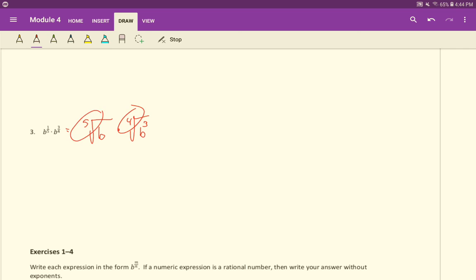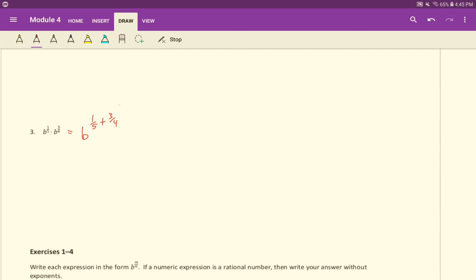They don't match up, and so we can't bring these two b's together. So what do we do? Well, we'll use our exponent properties here instead. That says that if you multiply and you have the same base, you add the exponents. So it's b to the 1/5 plus 3/4 power.